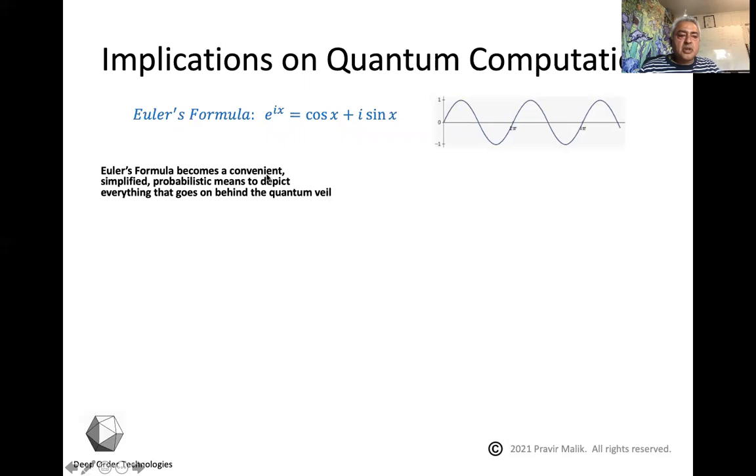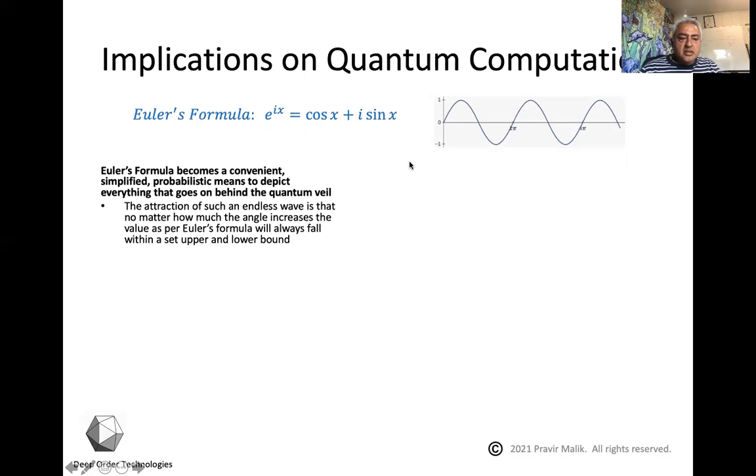Now, a simple way to think about this is that Euler's formula becomes a convenient, simplified probabilistic means to depict everything that goes on behind the quantum veil. And why is this the case? This is the case because no matter how much x becomes a multiple of itself, values will always fall between a fixed upper and lower bound.